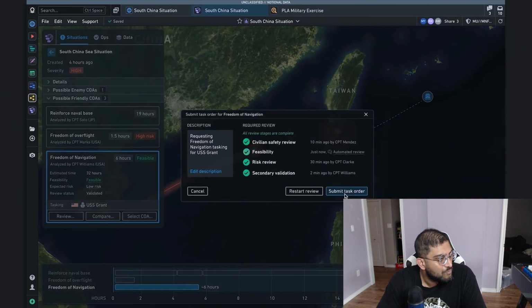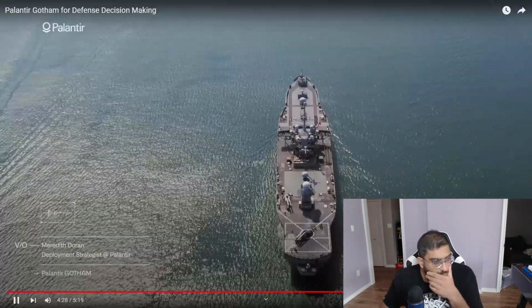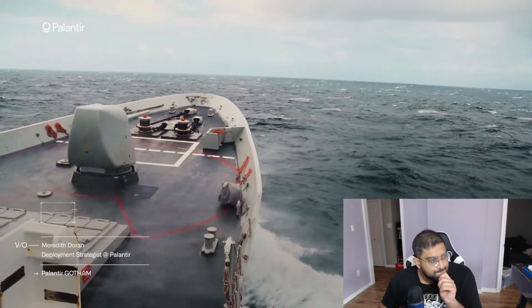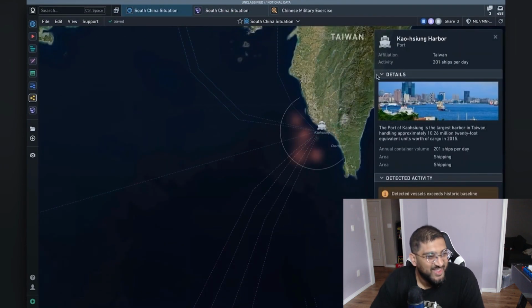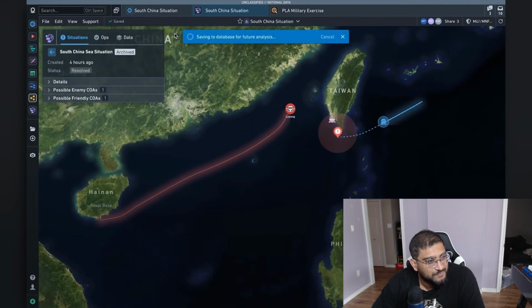Joint forces decide to task an American ship. Once the choice is selected, a task order is submitted, and the American ship quickly alters course. The team watches closely as the operation progresses, and as the American ship approaches, the fishing vessel blockade begins to disband, and the Liu Yang continues north without incident.